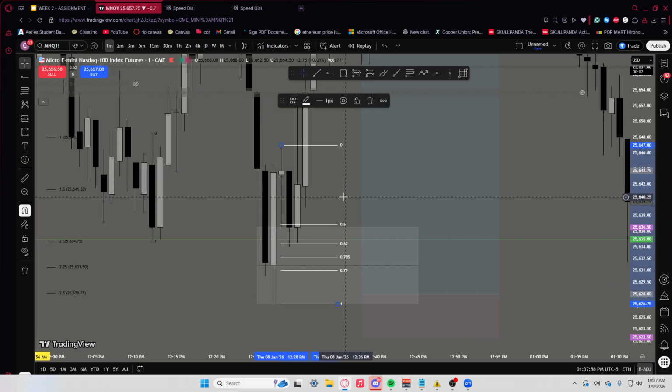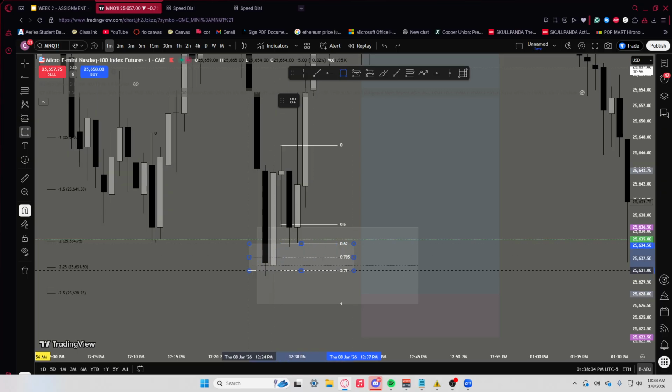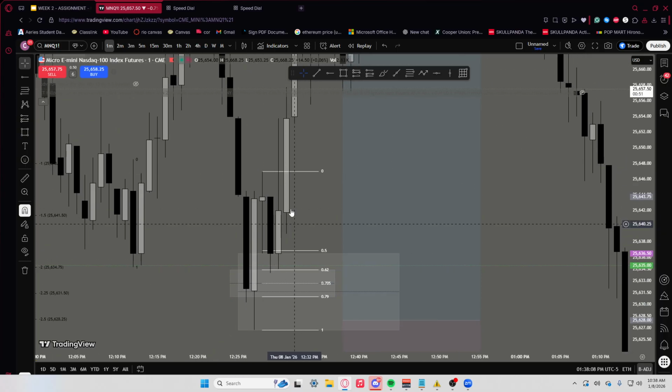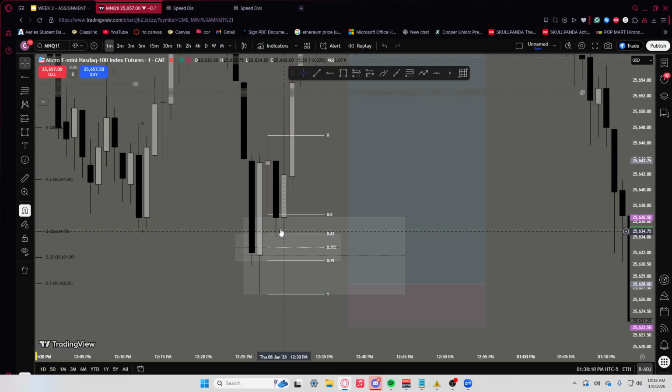Anywhere between 0.62 and 0.79, these are all really high probability continuation entries. So boom, 0.62 entry right there.